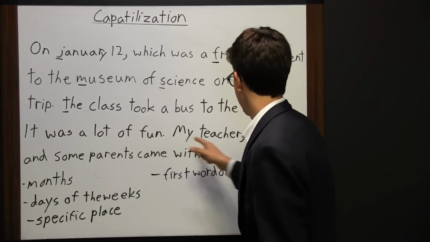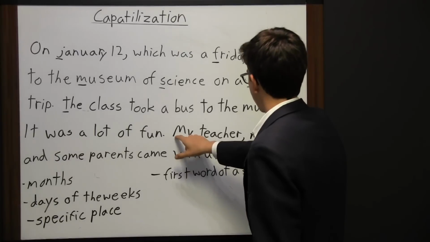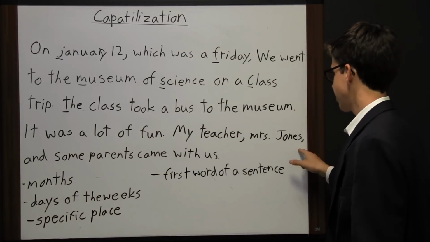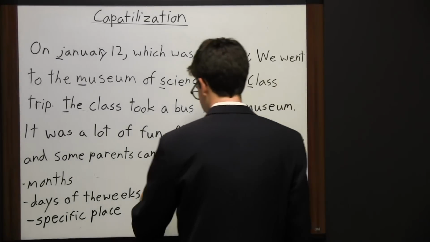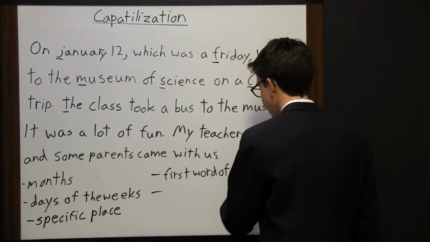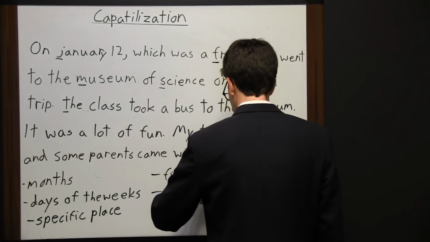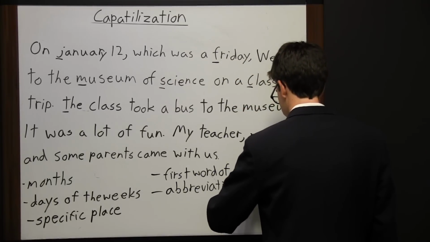That sentence looks good. My teacher, Mrs. Jones, and some parents came with us. Now the first word of the sentence is capitalized, which is good. Jones is capitalized, which is the last name. We always capitalize last names. But then Mrs. isn't capitalized. And so you need to capitalize abbreviations before names.